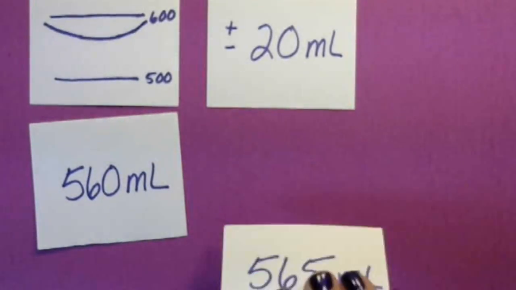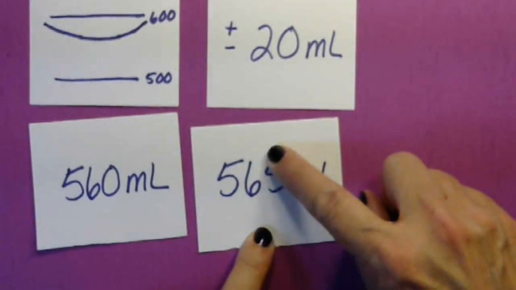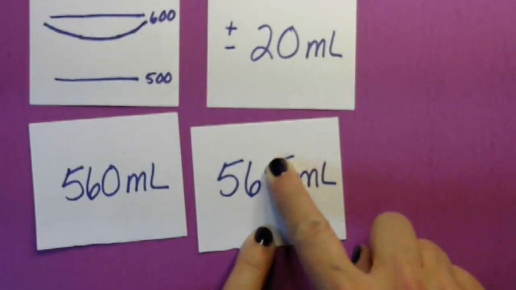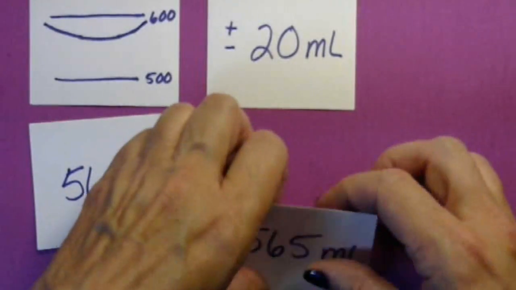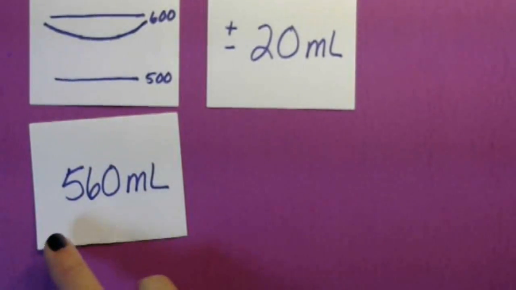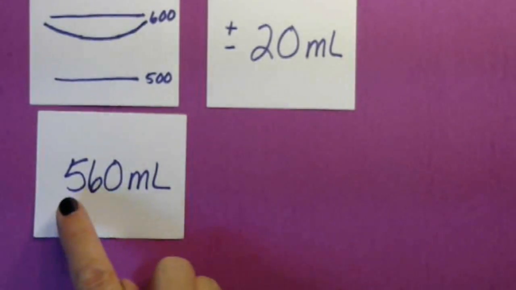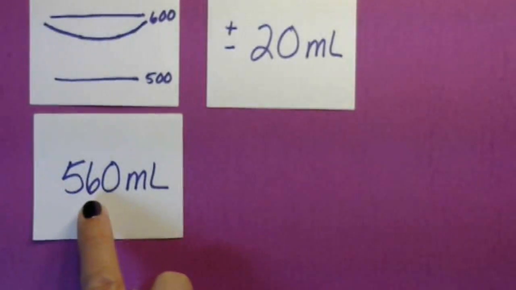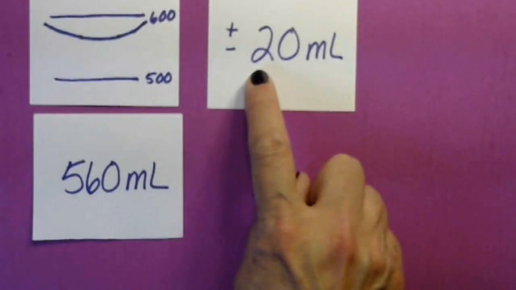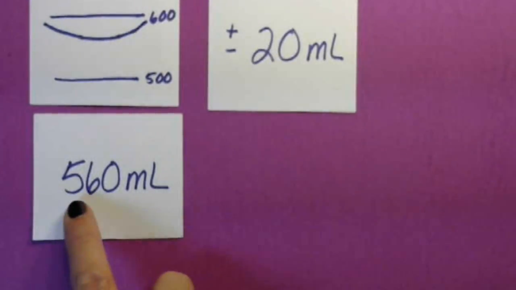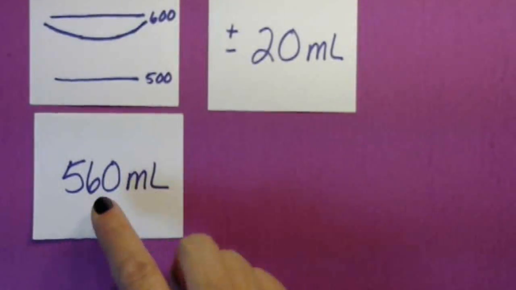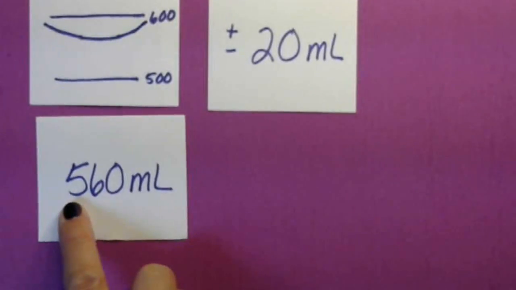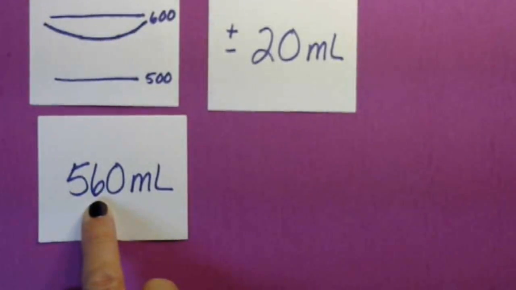That means this value is not significant. I cannot count that. So when I count the significant figures, I start reading from left to right, but I've got to stop at the place the plus or minus is. So if this is plus or minus something in the 20s place, I cannot count the 0 as significant. It is only 1, 2 significant figures.